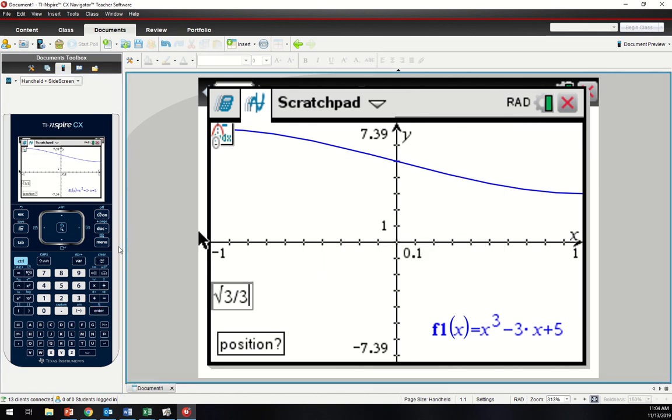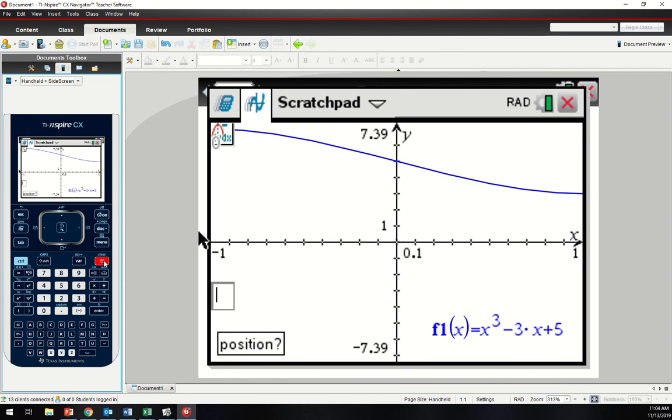Because I'm off the screen, so it doesn't help me out. Square root of 3 over 3, right? There we go. Hey, look. It gives me my point right there, and my slope is -2.